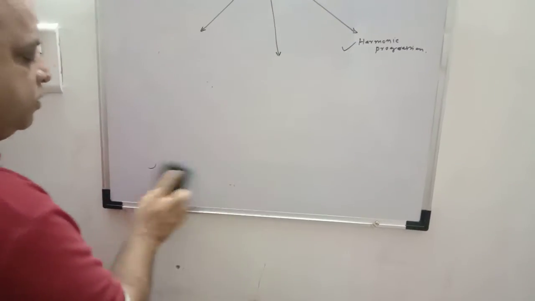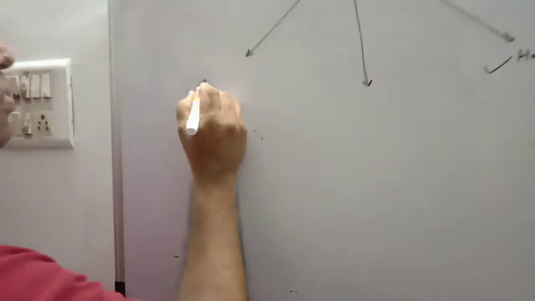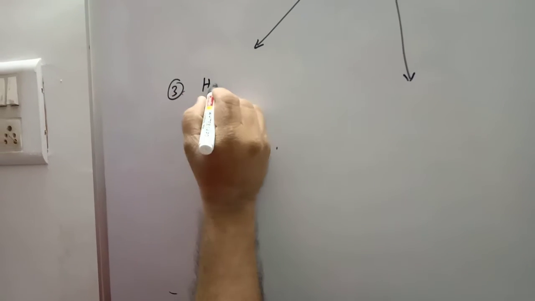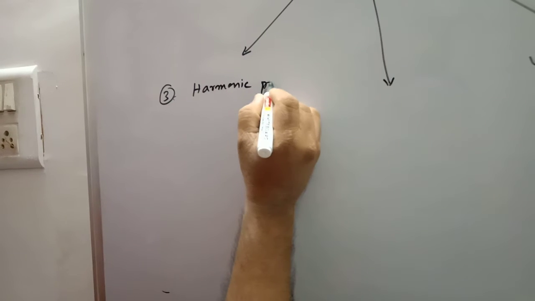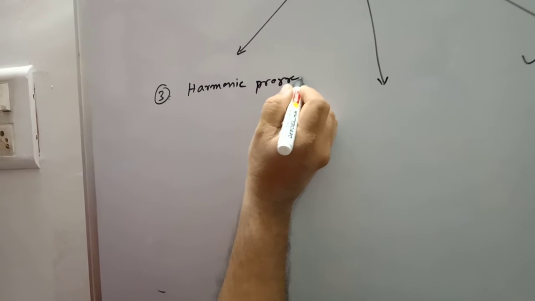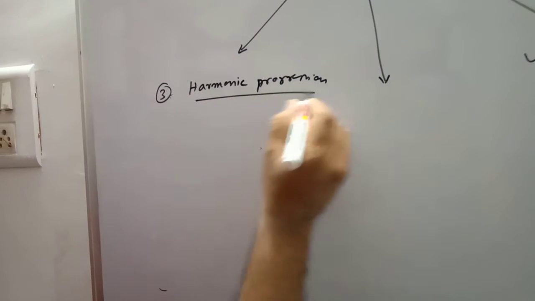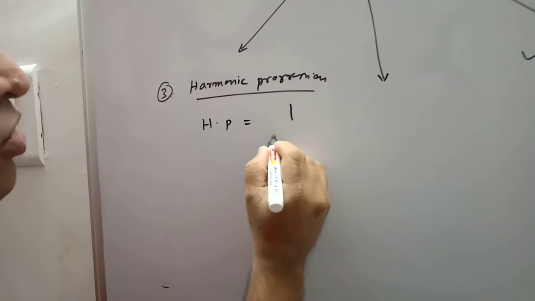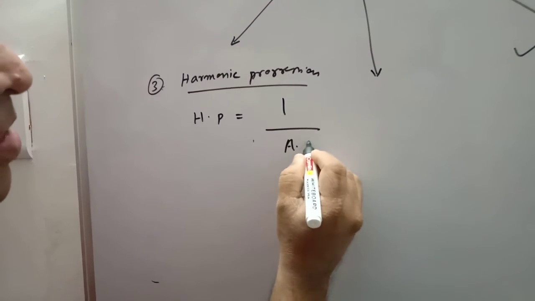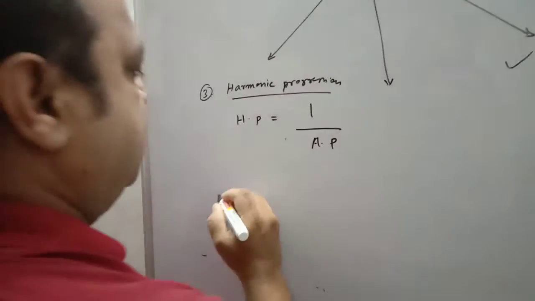Harmonic progression is very easy. Harmonic progression is the third one. HP is equal to the reciprocal of AP. Understood? What is the series now?